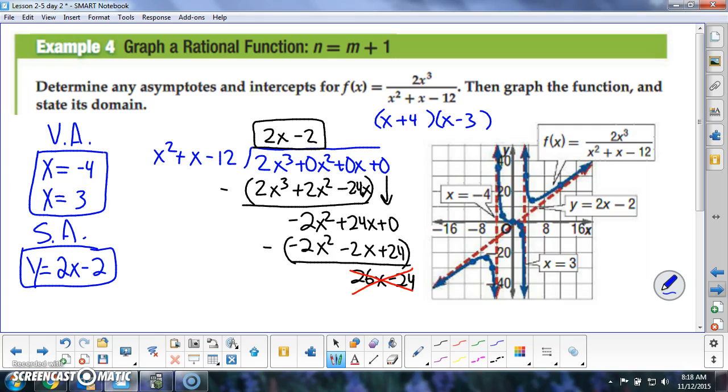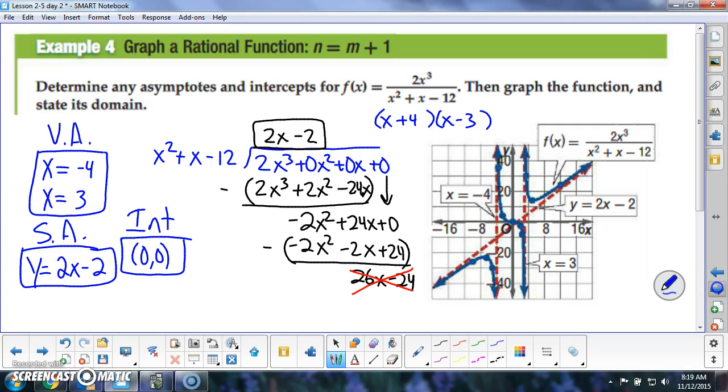What else do we need to find here? We need to find intercepts. So to find an x-intercept, you set the top equal to 0, and that's just going to give us 0, 0. And to find your y-intercept, put 0 in for all the x's, and that gives you the same thing, 0, 0. So we only have one intercept, and it is both an x and a y-intercept.